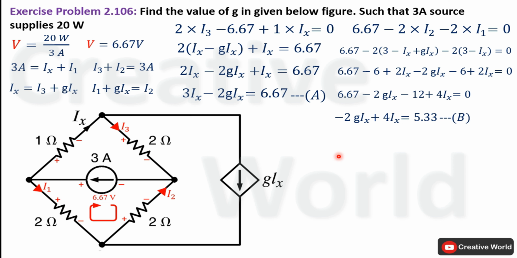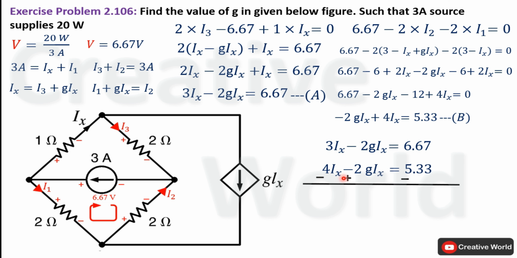Now in order to calculate the value of current Ix, we will subtract equation B from equation A. All of these signs will be changed because we are subtracting this equation from equation A. This minus 2Gix will cancel out with plus 2Gix.